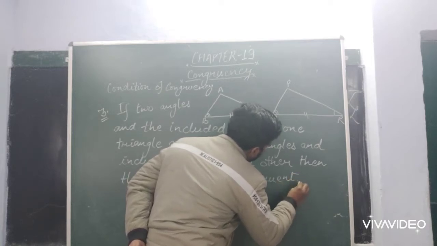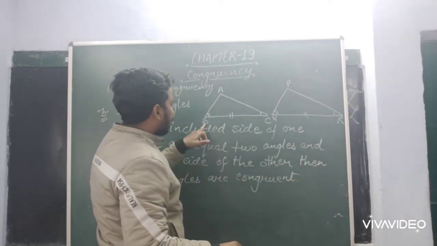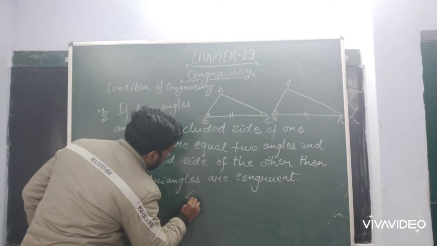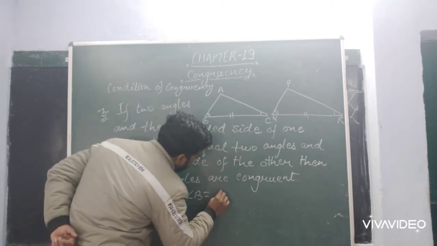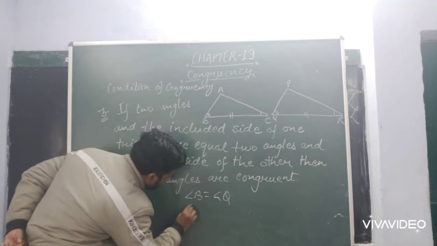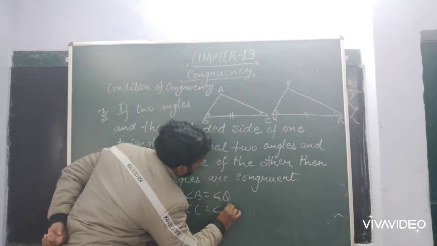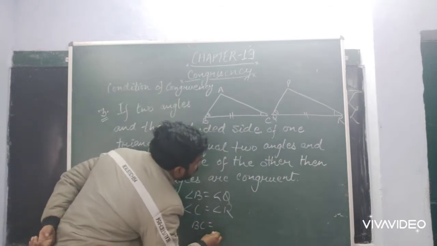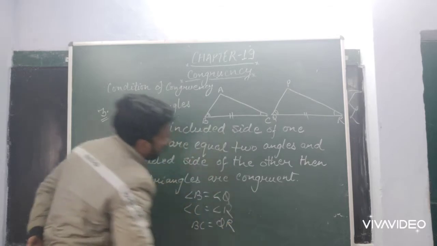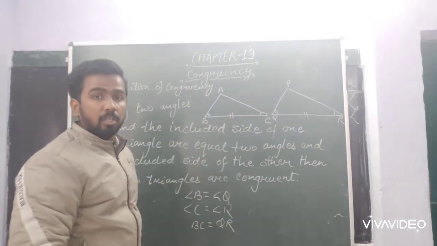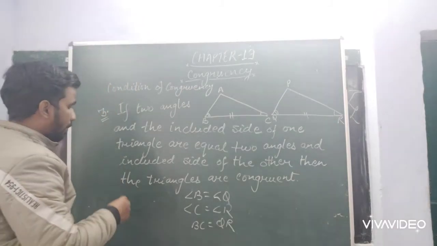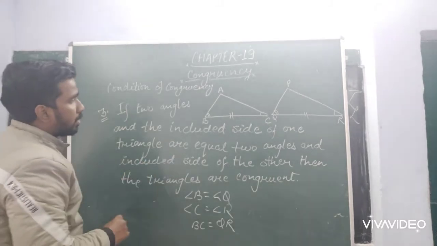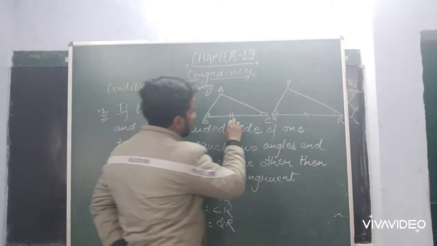This means angle B coincides with angle Q. You can even write it like this: angle B equals angle Q, angle C equals angle R, and BC equals QR. This is the condition, and what comes in it is angle, then side, and then angle.